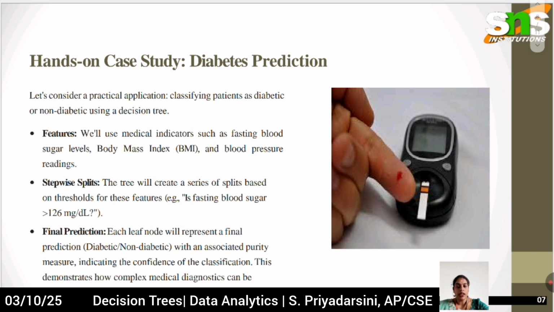If no, another way. Each split brings us closer to a final decision at a leaf node: diabetic or non-diabetic. Each leaf node has a purity score, showing how confident the model is in its prediction. This example shows how a decision tree simplifies even complex medical diagnosis.